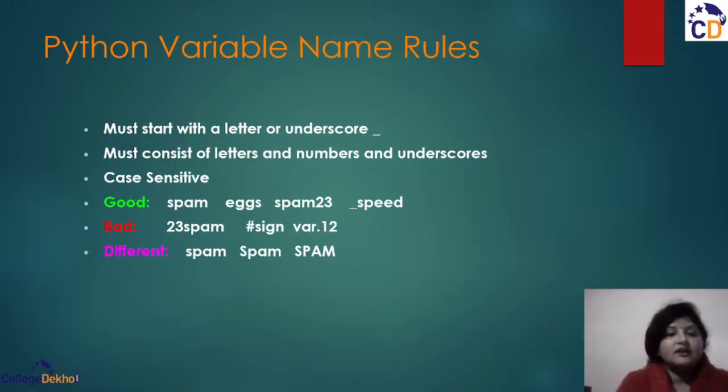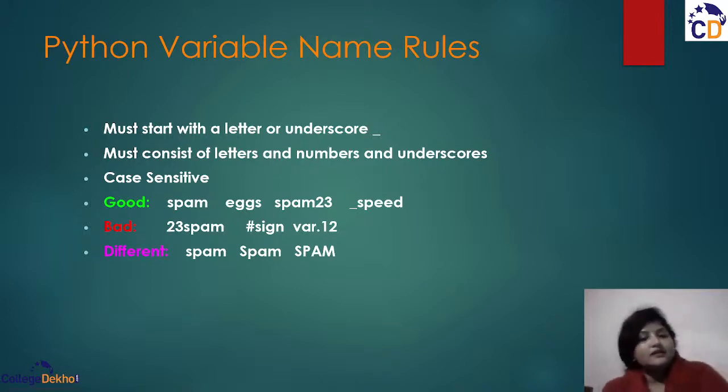Because Python is a case sensitive language, if you write spam and the format of that particular variable name is different, it will be stored at a different location as well. In lowercase you have written spam, in another example a capital S and then pam, and in the last variable name, all capital letters.